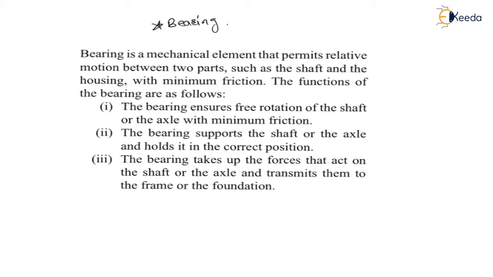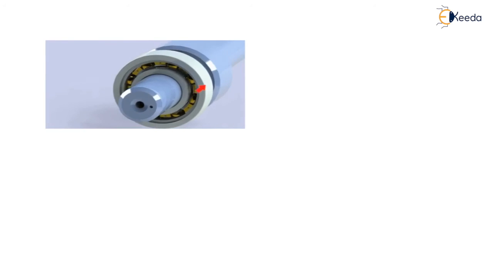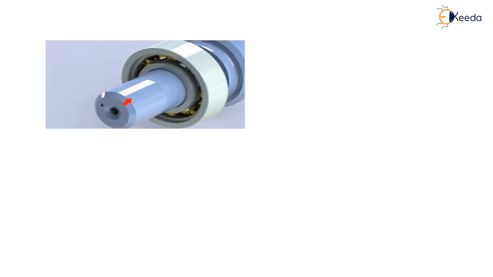Simply we can say the bearing is a supporting element for the shaft, and whatever loads act on the shaft are transferred to the ground with the help of bearing. Bearing will take all the loads on the shaft and it supports the shaft. Here you can see it is a bearing, and it is a shaft which is rotating.